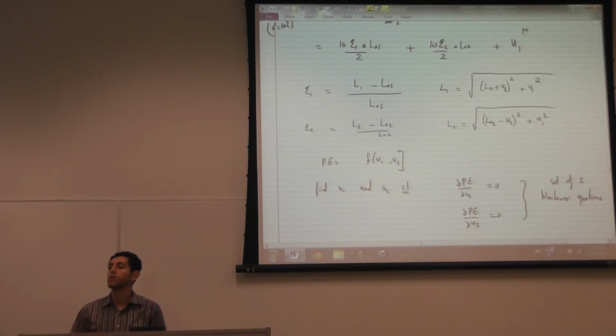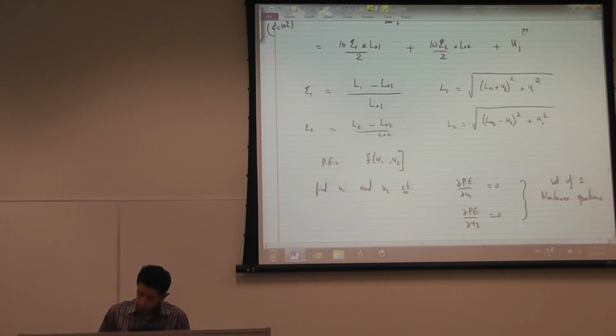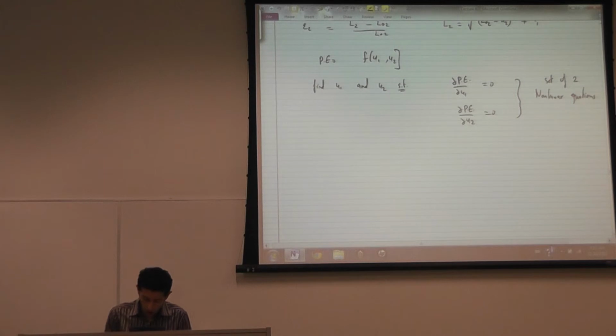So I have to take the derivatives again. When I take the derivatives again, I'm going to get another matrix that will be symmetric, because I will have the second derivatives of that potential energy with respect to U1 and U2. So you can do it by hand, but one important note is the following.